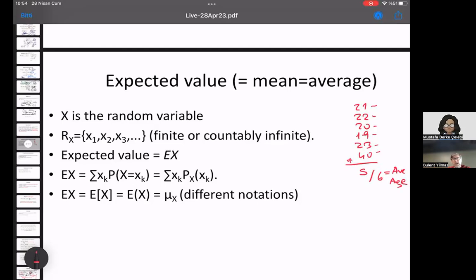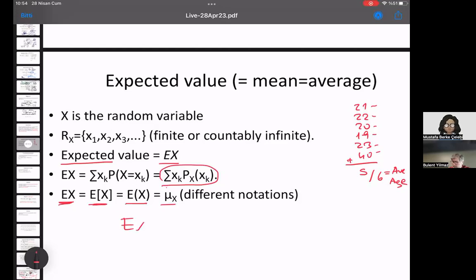But if the probabilities of different data points are different, then I'm going to use expected value using this formulation. Expected value can be written as this, or this, or this. Different notations can be used.